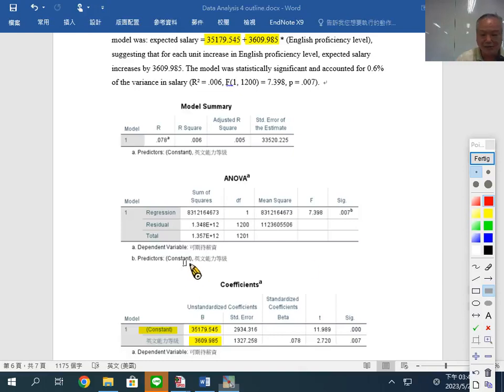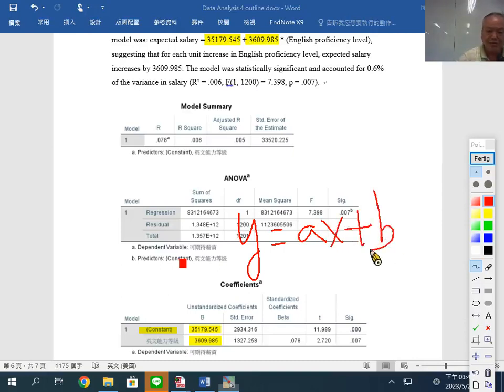So if we use this, then that would be much easier for us to know. We know we are trying to identify Y equal to AX plus B, right? This is normal. So Y basically is the expected salary. Is that right? Okay. And X refers to English proficiency level.